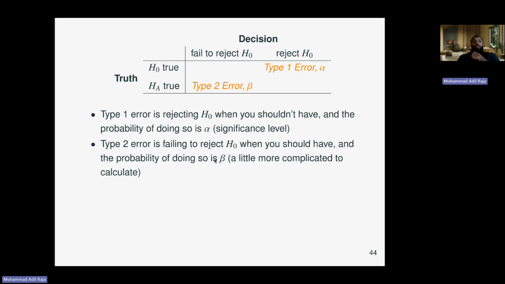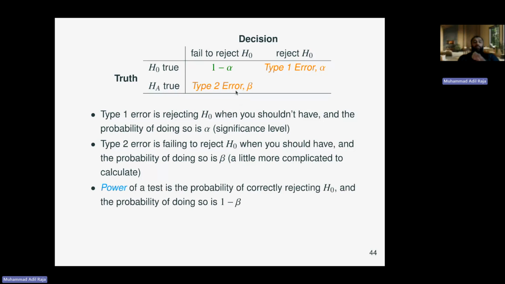So the probability of doing so is beta, and this is a little bit more complicated to calculate, but I'm going to tell you how to calculate this. Okay, and this value is alpha, and this value is going to be 1 minus alpha, and this is going to be 1 minus beta, and I'm going to show you.